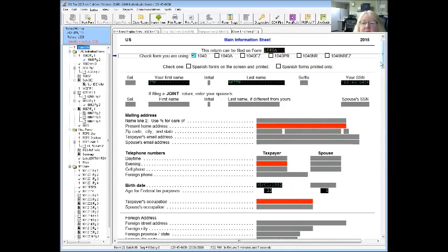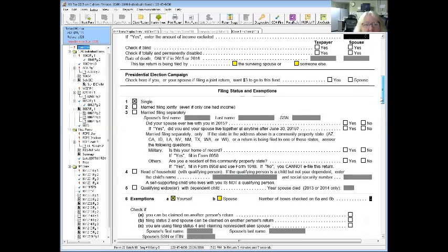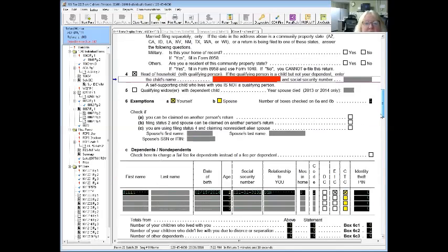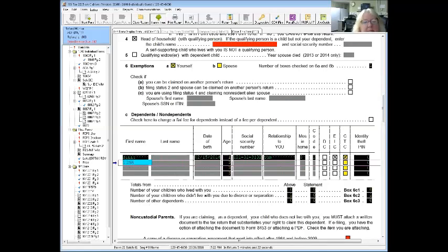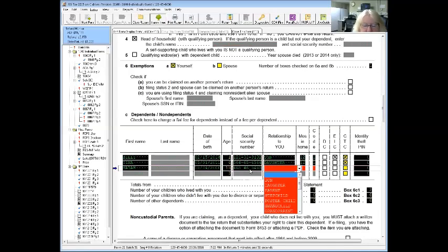Let me see, what else could we do? Let's make it a head of household. Okay, so I just gave, let me see, who are we on now?